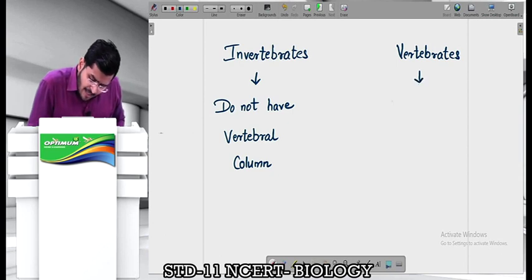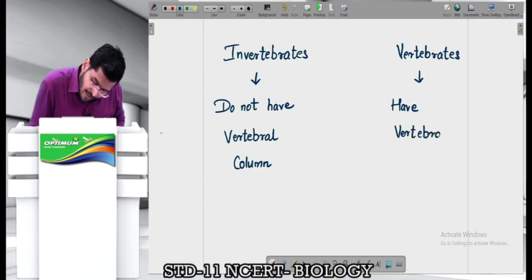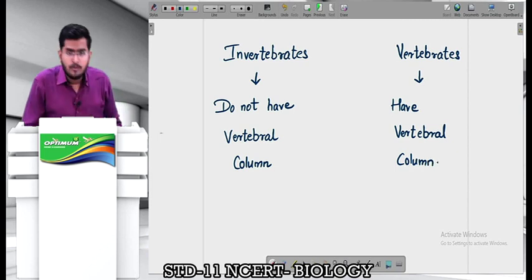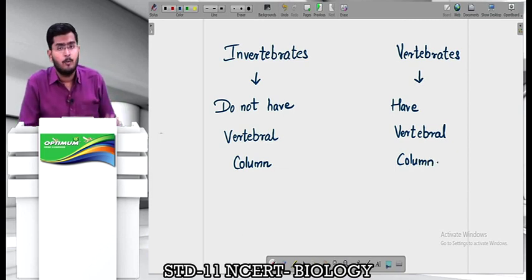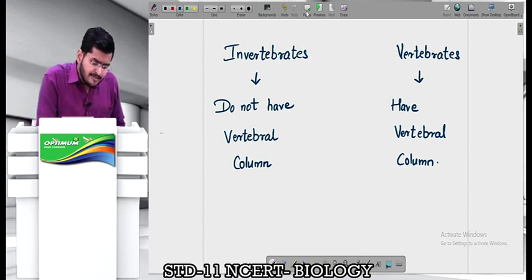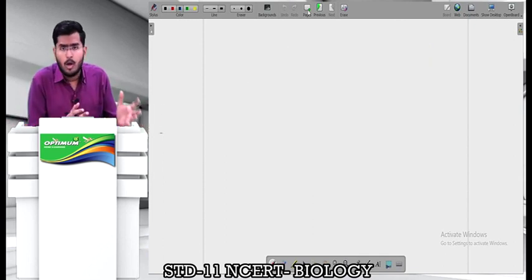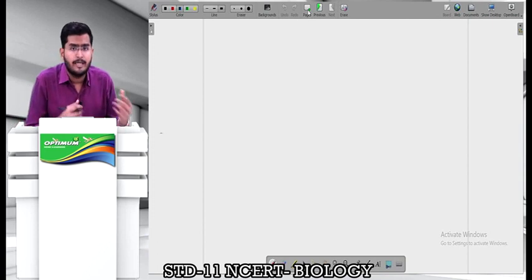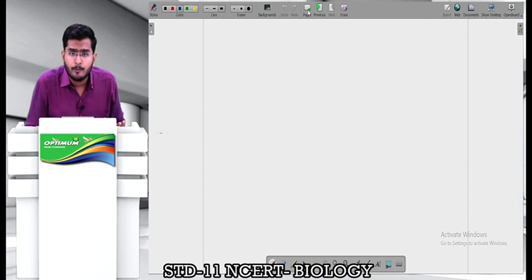While vertebrates are those which have a vertebral column, and that's the reason why they are called vertebrates. So invertebrates do not have a vertebral column and vertebrates have a vertebral column, right? Now you would say that, sir, okay, we understood what non-chordates, chordates, invertebrates and vertebrates are, but what is the relationship between these?